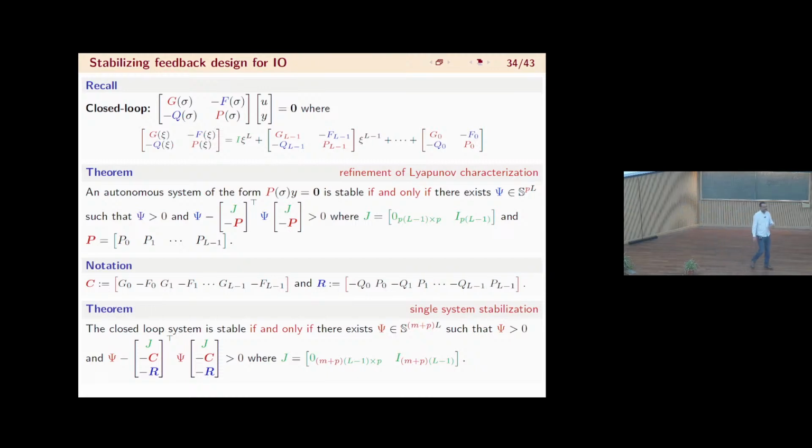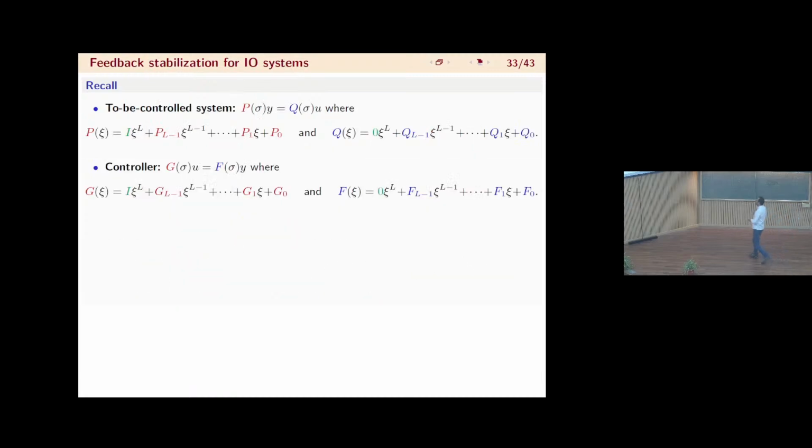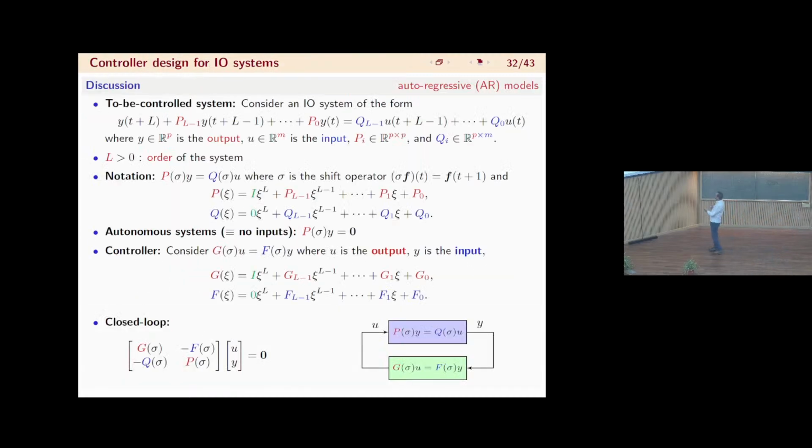But let's now switch to the data scenario. This was all for a given higher order system by this P and Q, by this R. If I go back and use the diagram here, purple system is given, and I'm looking for the green system.